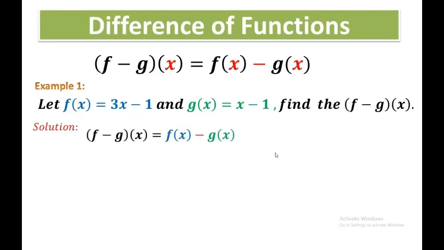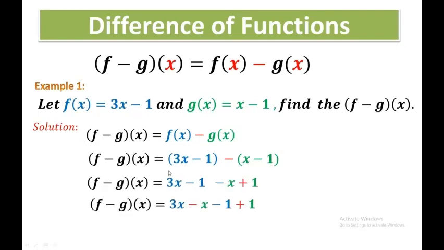For our solution, f minus g of x, this is our formula, is equivalent to f of x minus g of x. Now we need to replace f of x by the given value, which is 3x minus 1, and g of x by x minus 1. Do not forget, this is subtraction. So this is minus x minus 1.